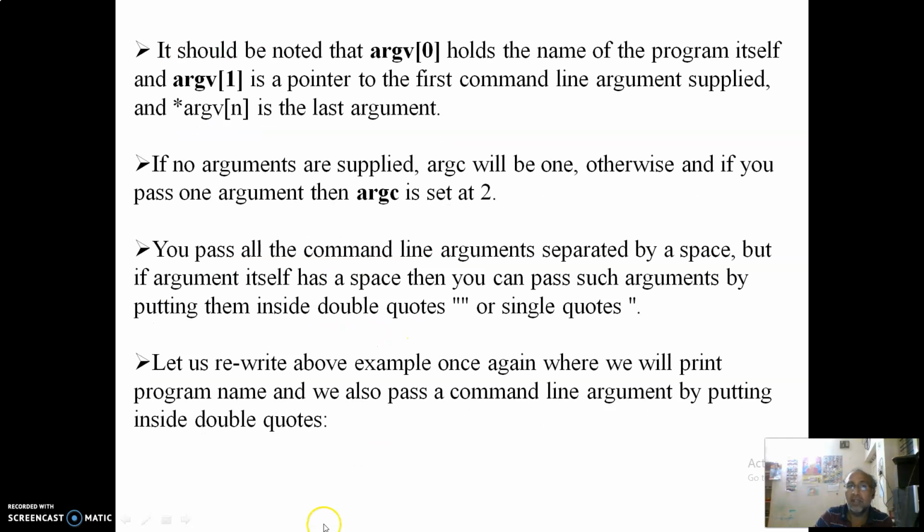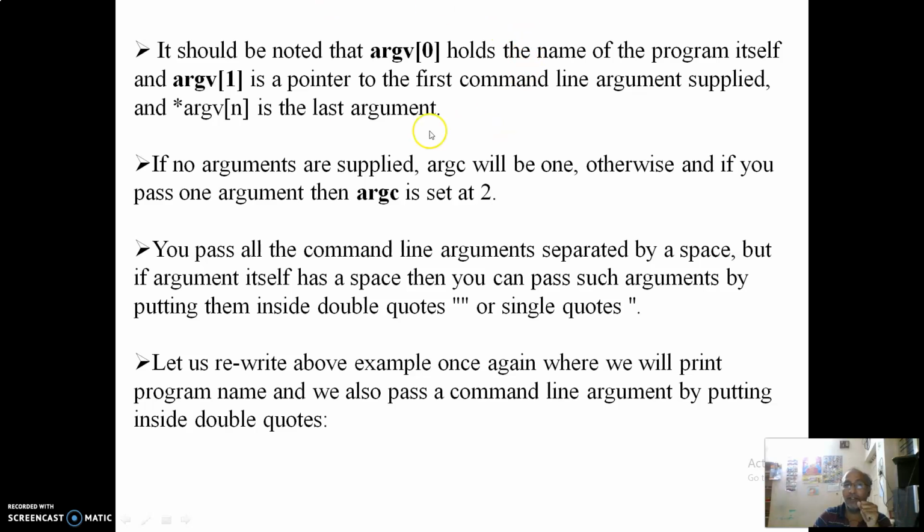Understood? Now, it should be noted that argv[0] holds the name of the program itself, and argv[1] is a pointer to the first command line argument supplied, and *argv[n] is the last argument. If no arguments are supplied, argc will be 1.